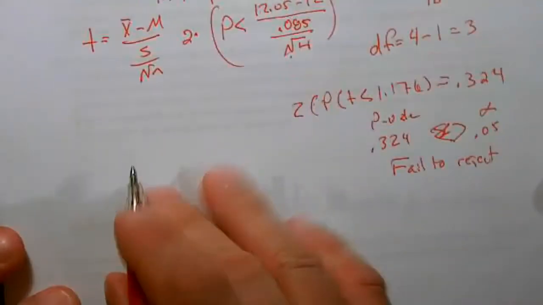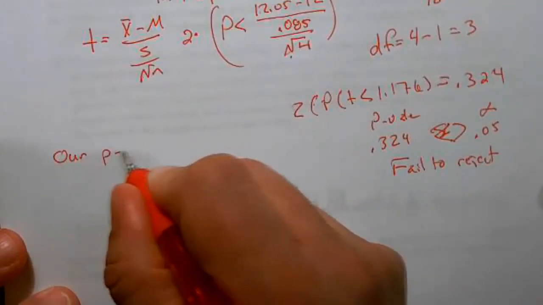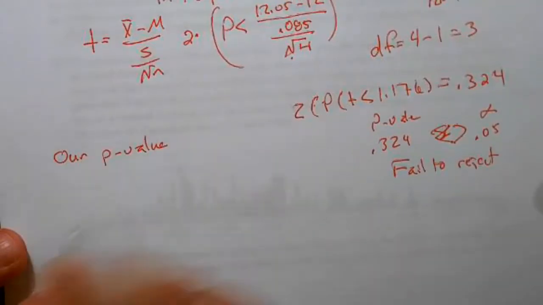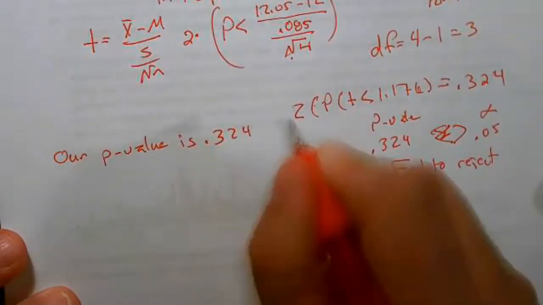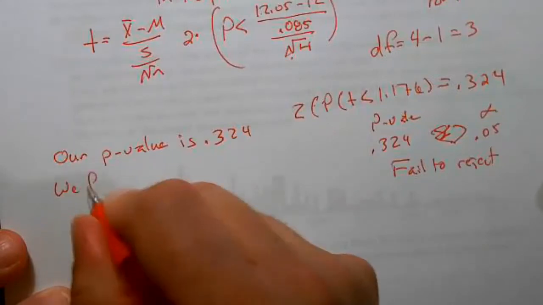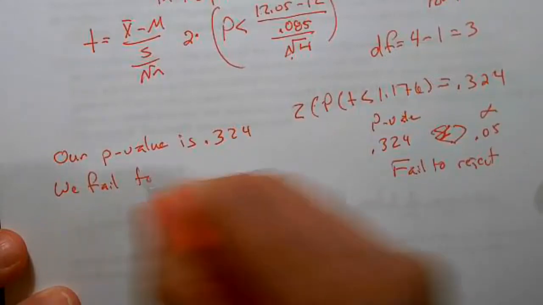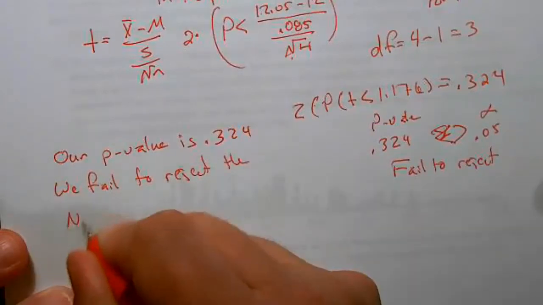So now we need to write our conclusion. Our p-value is 0.324. We fail to reject the null.